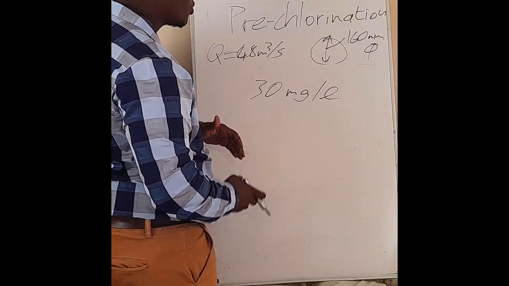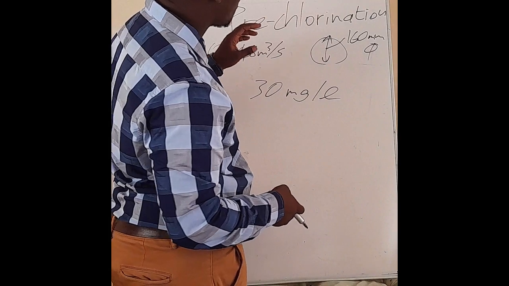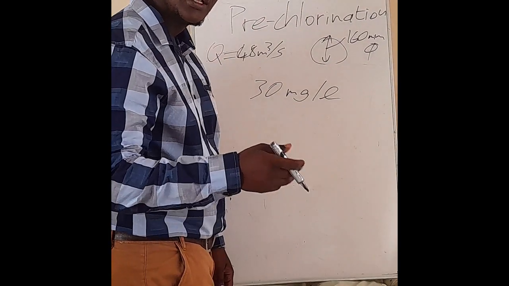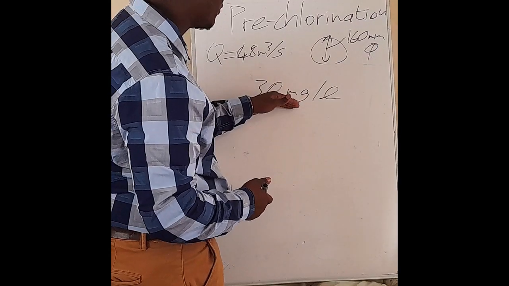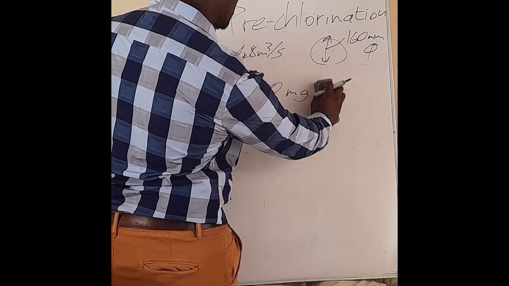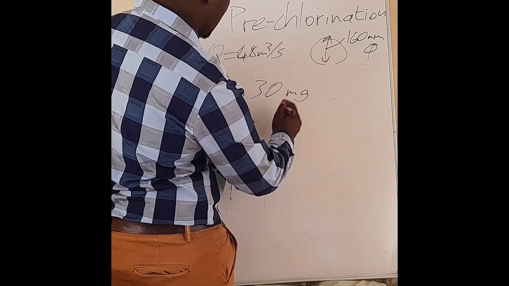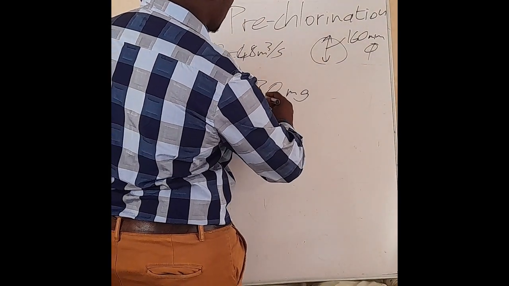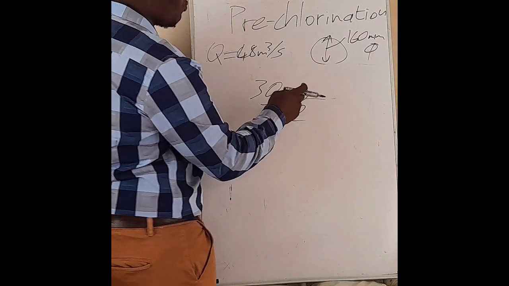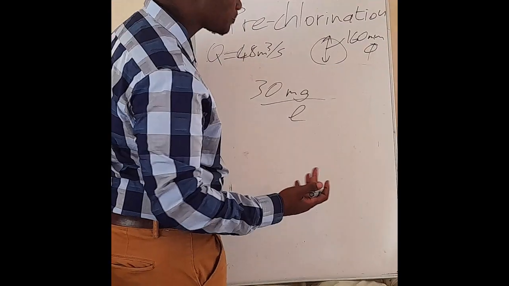So in order to make it compatible with the flow rate that we get, in order to calculate the chemical needed, we need to convert this. Okay, firstly, as I said earlier on, I find it easier just to put it like this. This is 30 milligram per liter. Okay, so we want to convert this to grams.